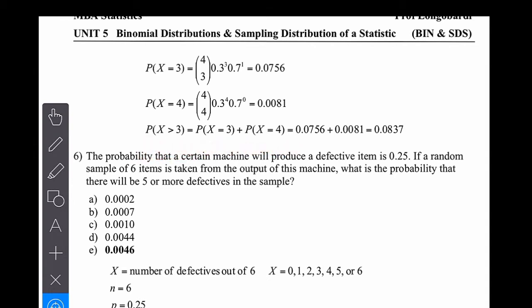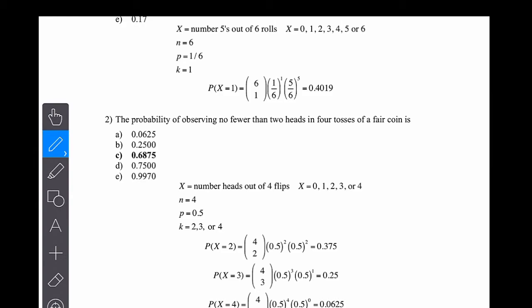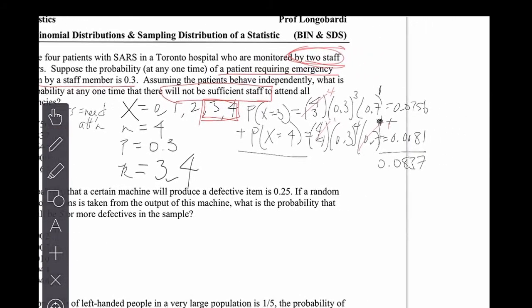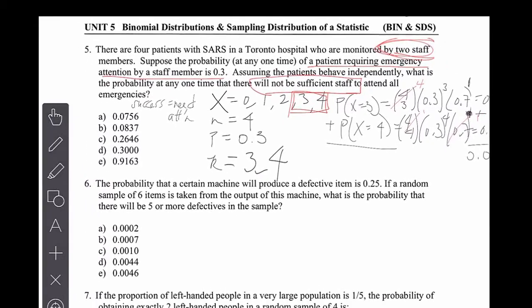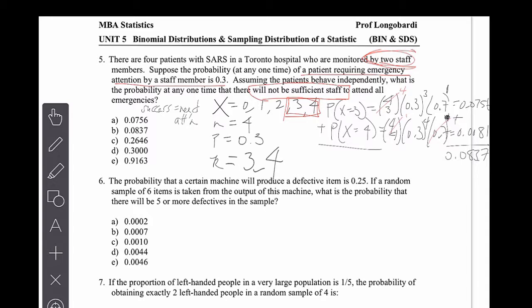It should be greater than or equal to 3, actually. And then the answer is 8.37%. So I got it right. Okay, maybe one more. No questions? No questions.